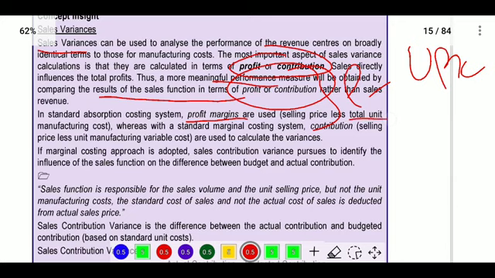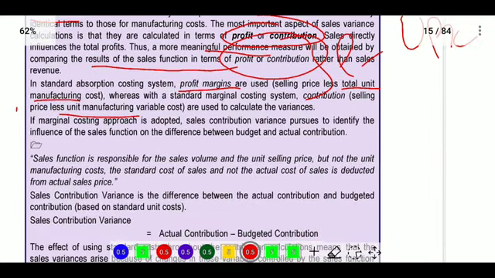Standard absorption costing uses the unit manufacturing cost, while standard marginal costing uses the manufacturing variable cost. Next, if the marginal costing approach is adopted, the sales contribution variance is used to identify the influence of the sales function on the difference between budget and actual contribution.